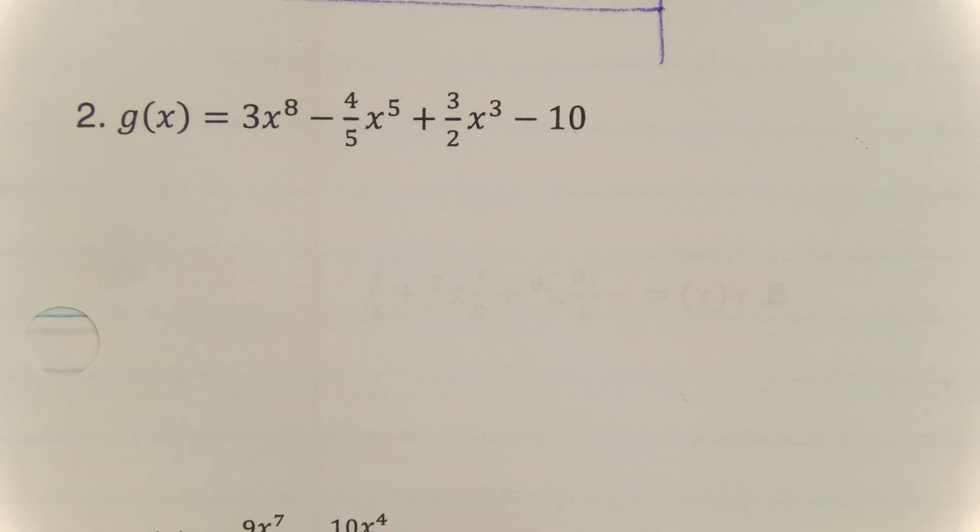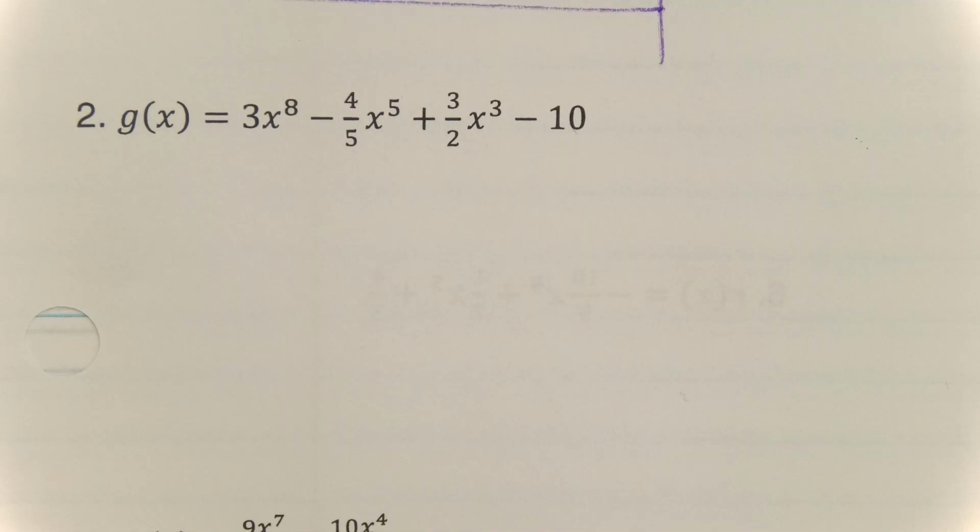That's n, my exponent. Bring down the x, and then subtract 1 from the exponent. Minus, the same here, 9 times 2. Coefficient, exponent.